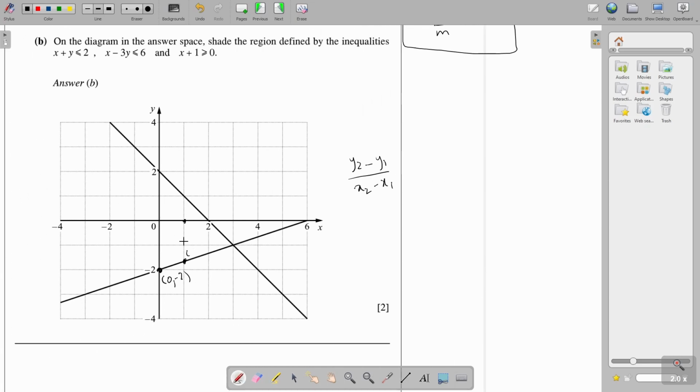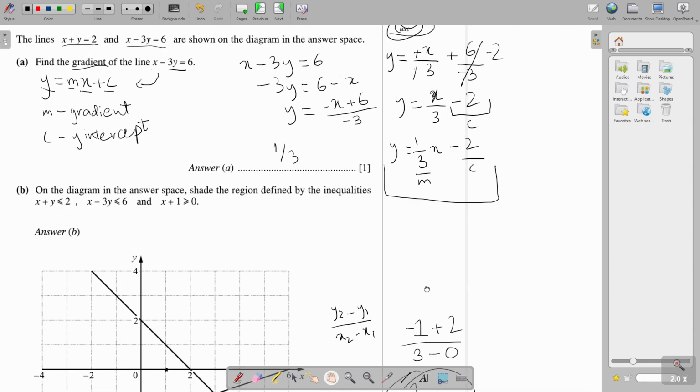Let's take this as our point 2. So if this is our point 2, the x is 3 and the y is -1. Right, so we have -1 plus 2, so that's 1, and we have 3 minus 0, which is 3, so 1 over 3, which is the gradient we got up here.